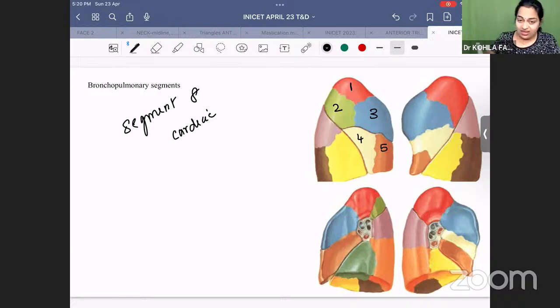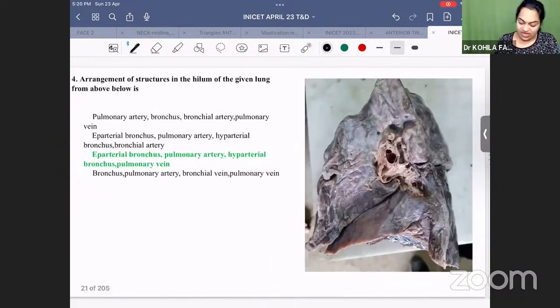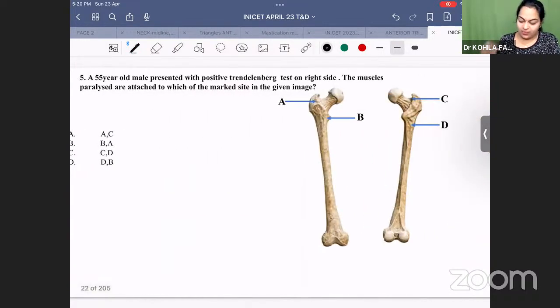And the lower lobe has the apical basal, anterior basal, and this is the medial basal, the medial basal or the cardiac segment. And then lateral basal and the posterior basal. So you should be able to remember this. Medial basal segment. Hope you got it right. It was an easy question. Moving on to the next one.